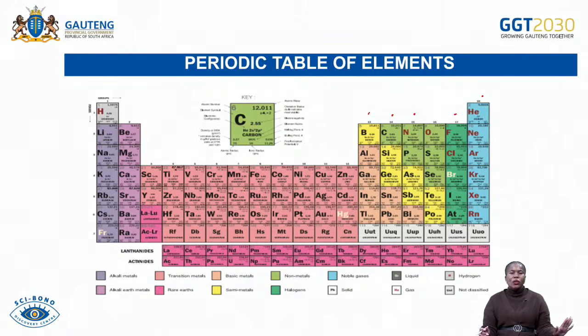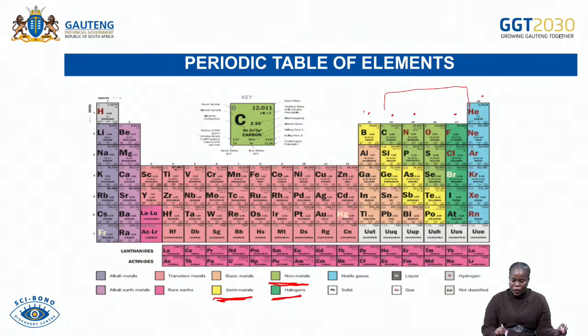They are found on the left-hand side of the periodic table. But if you go to the right-hand side, you'd see greens. Your semi-metals are in yellow, and then you've got your non-metals in green, and your halogens in a much darker green.